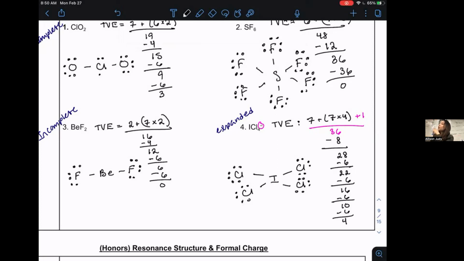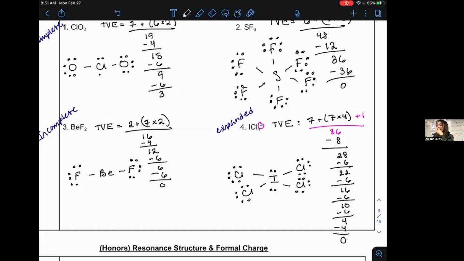So what can we do? Where can we put those extra electrons? On iodine. Confidence, people. It's all about confidence. Even if you're wrong, just be confidently wrong and then accept it and move on. Okay, so iodine gets the last 4 because it can handle the expanded octet.